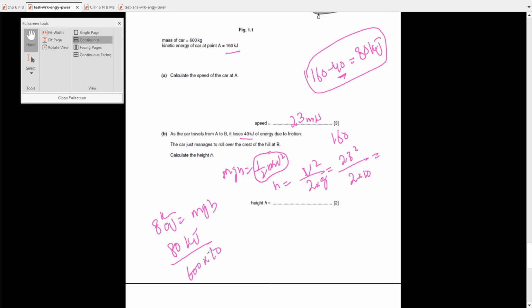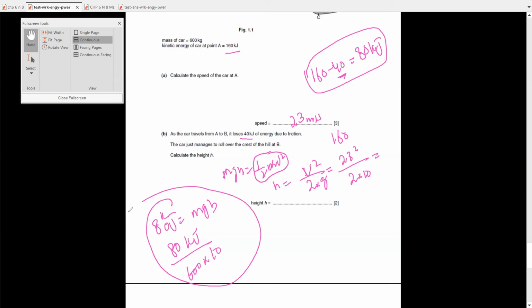Let's check the answer from both perspectives: 23 square over 20 is giving us 26, and 80 times 10 to the power 3, which seems more right.